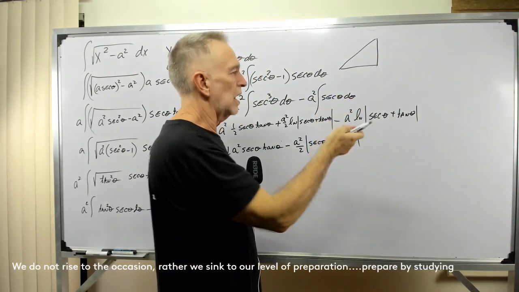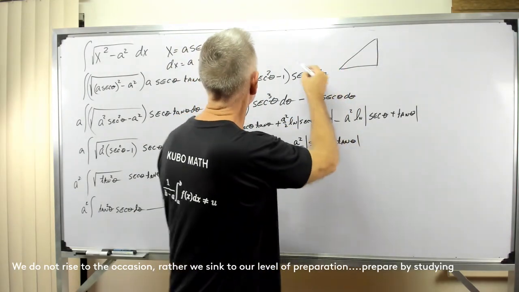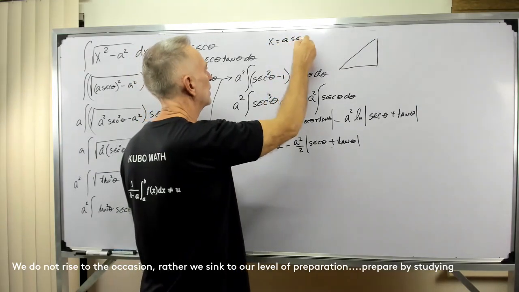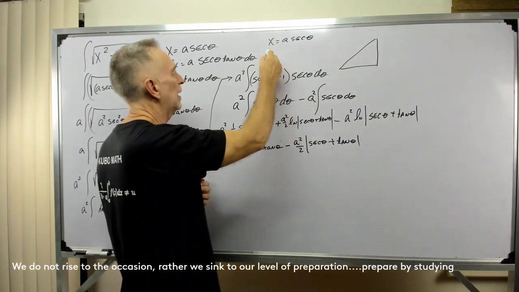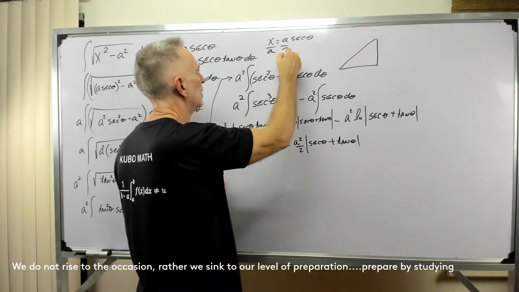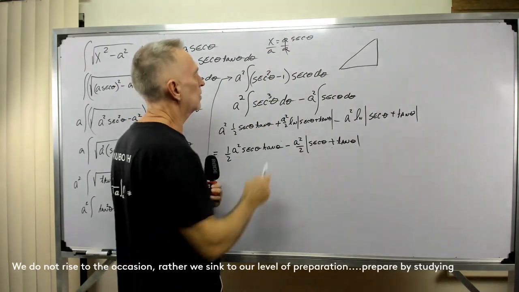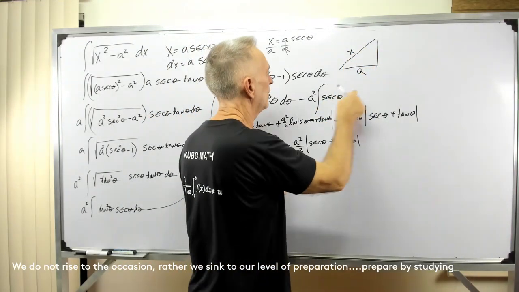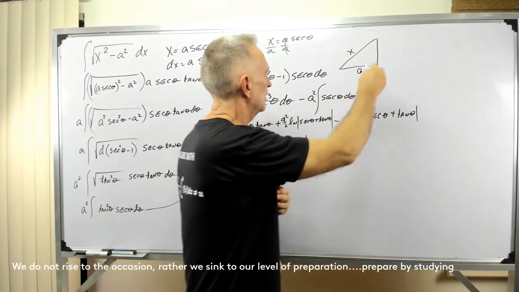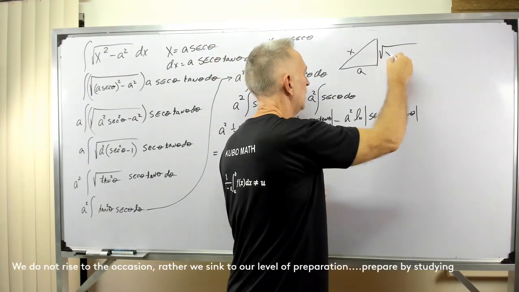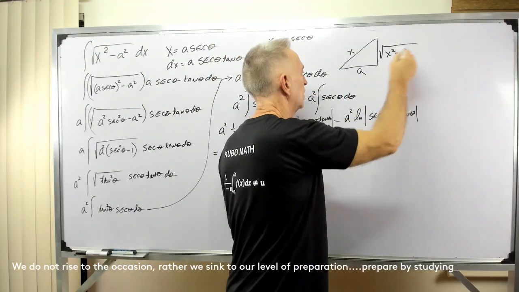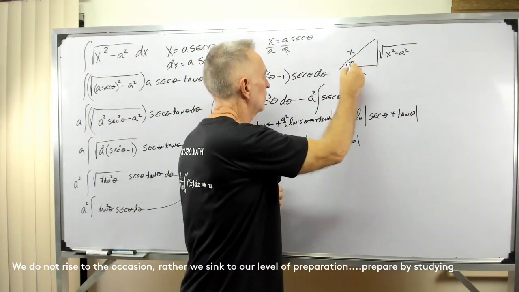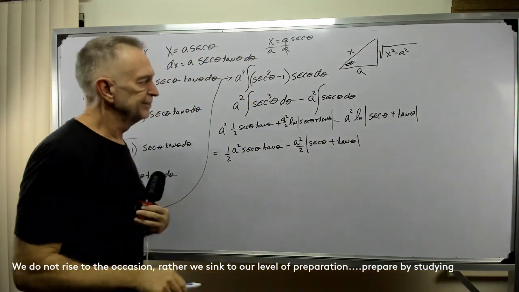If I divide both sides by a, x over a equals secant theta. Of course, this side then would be the square root of x squared minus a squared. So that gives me the triangle, obviously with that being theta.